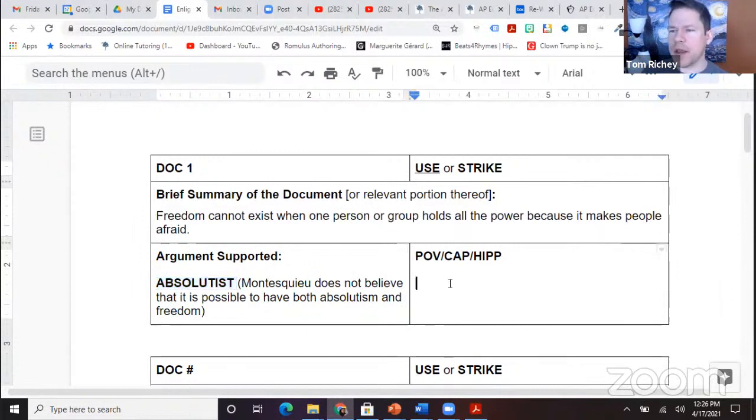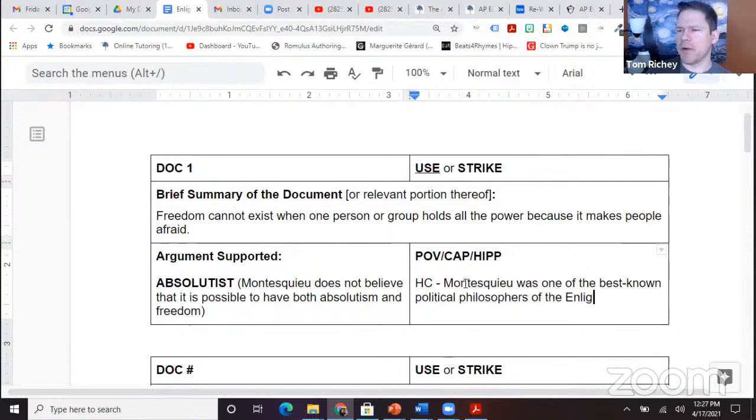And then I would note here that if you know historical context, Montesquieu was one of the best known political philosophers of the Enlightenment. And then you could note his influence on the United States and the founding fathers and all of that.